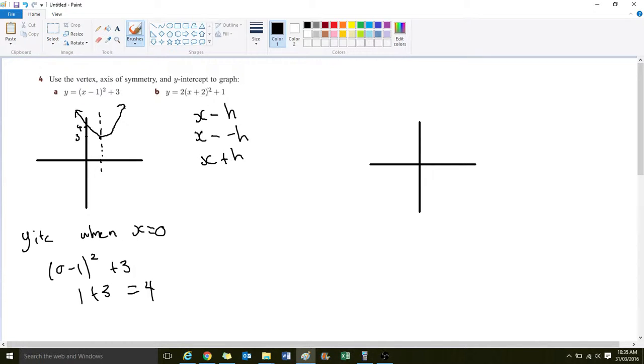So really what we've got in here is h is equal to minus 2. Not positive 2, minus 2. A good way of looking at it is whenever we have a positive, like we do in this circumstance, it's going to be the negative of this number.